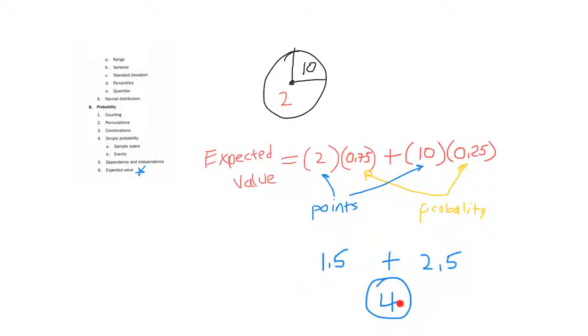That is the average amount of points you're going to earn per spin if you spin this wheel. Okay? And once again, understand the expected value doesn't necessarily represent what you would get on a spin. It just means what the average would be given a long enough period of time and enough spins of the wheel. What would the average points per spin be? All right, so hopefully that makes sense too.